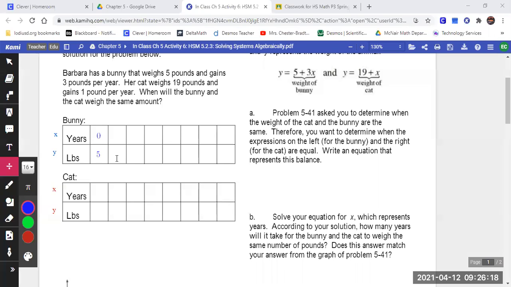Okay, so we're in year 1, right? We're in year 1. And the bunny now weighs what?